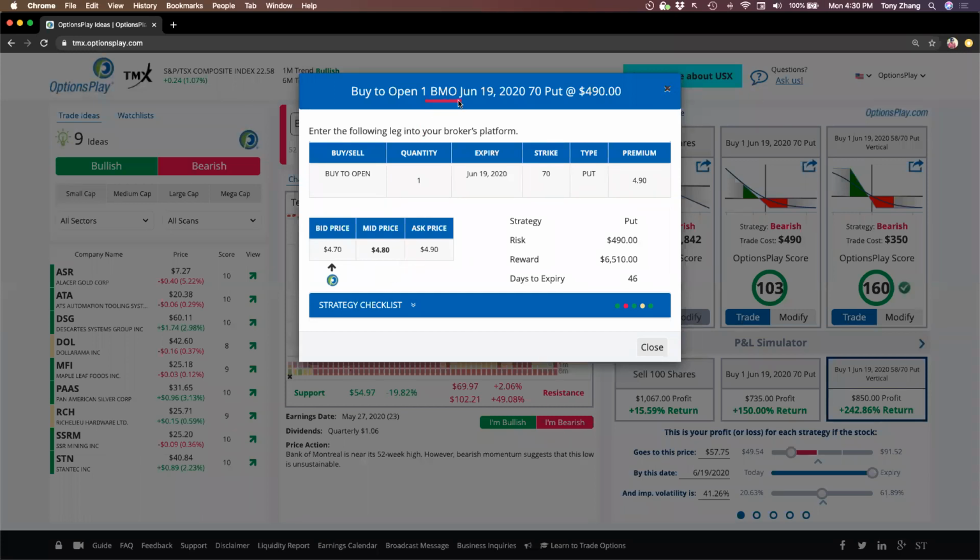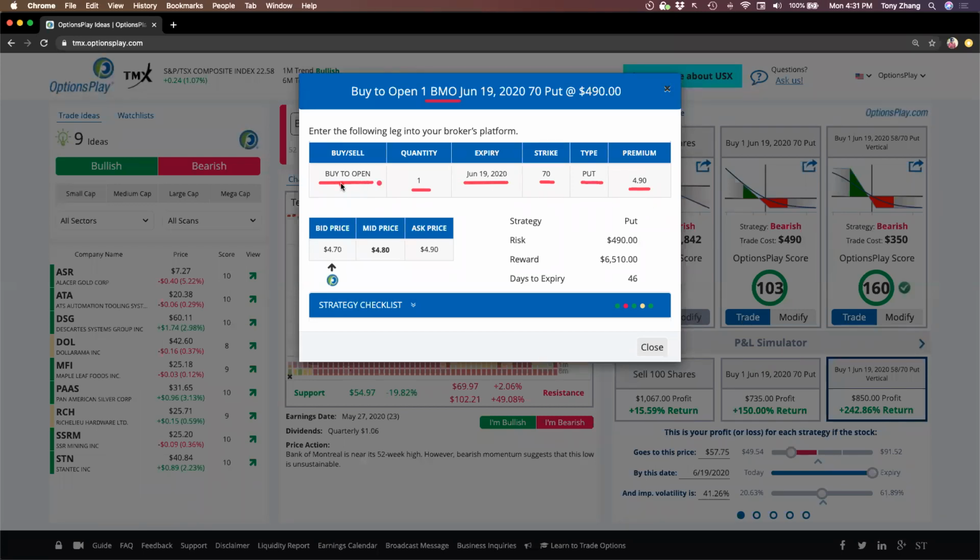You have to figure out what symbol, what action, the quantity, the expiration date, the strike price, the type of the option, whether it's a call or a put, and the premium. So you have 1, 2, 3, 4, 5, 6, 7 different fields that you need to worry about when you're placing an options trade. So there are far more things to think about, which also means that there are a few more possibilities of entering this trade incorrectly, right?